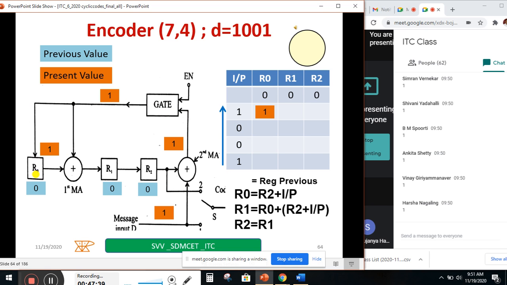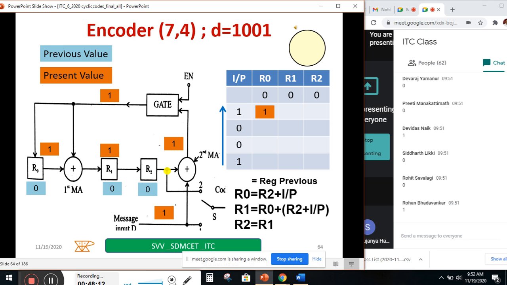Now, what might be R1? Now I have this 1 in the feedback. The previous value of R0 was 0 and this is 1. So the mod 2 addition of the previous value of R0 and the present output of the gate will become R1.